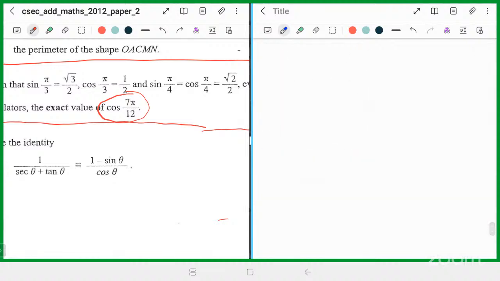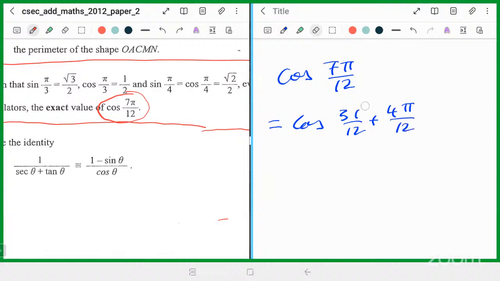So you want to work out the cos of 7 pi by 12. Cos 7 pi by 12 is the same as the cos of 3 pi by 12 plus 4 pi by 12.